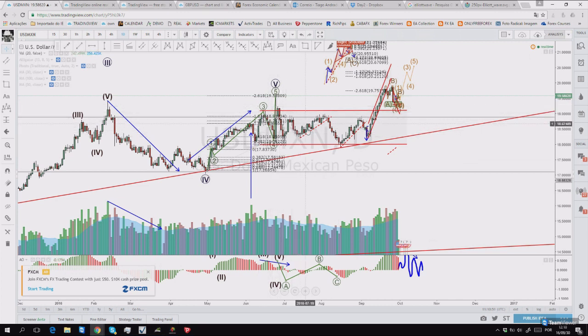So price starts moving in a channel while they are buying, not trying to show that they're buying. And then price starts going up, and volume goes up.